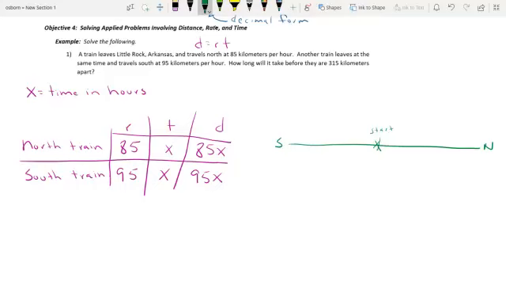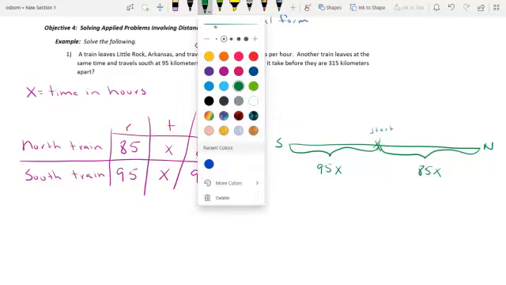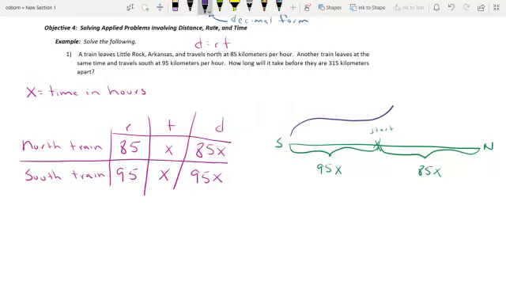The southbound train will have traveled a total distance of 95x, whereas the northbound train will have traveled a total distance of 85x, where x is the time in hours. What we want to know is how long it'll take before the total distance between the southbound train and the northbound train will equal 315 kilometers.